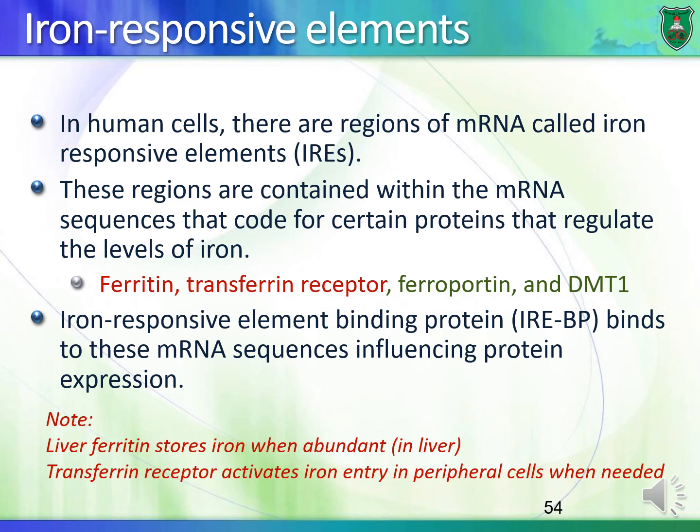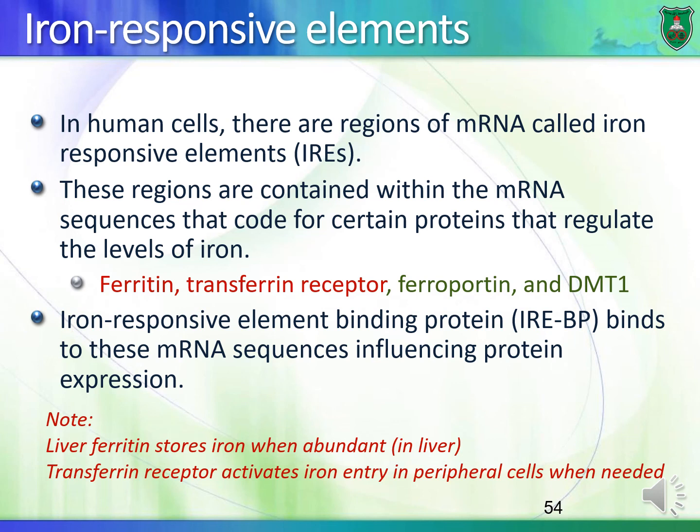In this case there should be low level of transferrin receptor, or if the level of iron is low, then peripheral cells need iron, they produce more transferrin receptor so that more iron would get into the cells, and at the same time the level of ferritin should go down because it's not the right time to store iron.